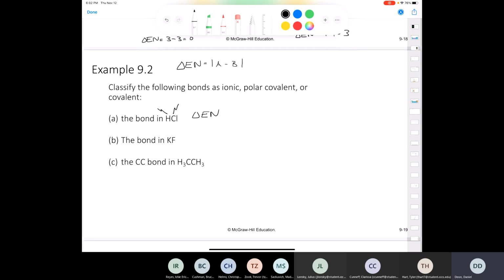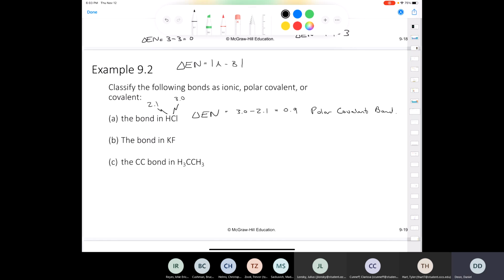Now, you might have to look at the periodic table. I've gone ahead and written them down. Some of them I have memorized. Hydrogen has a value of 2.1, and chlorine has a value of 3.0. Let's do the math. 3.0 subtract 2.1. Instead of using the absolute value, I always just put the bigger number first, and I end up with a value of 0.9. That falls in between the range of 0.4 and 2. Therefore, this is a polar covalent bond.